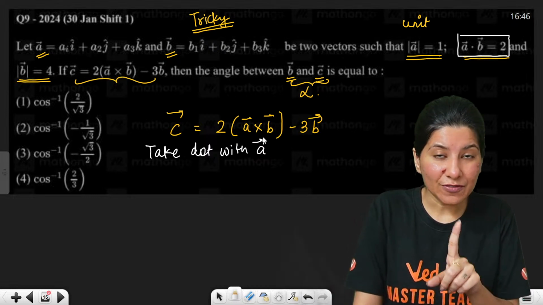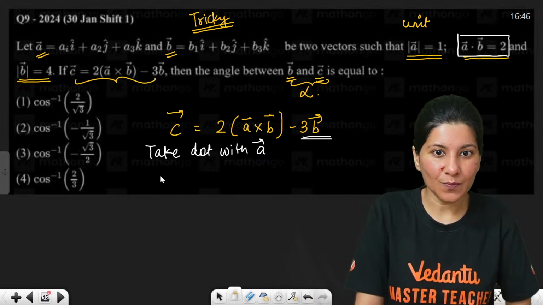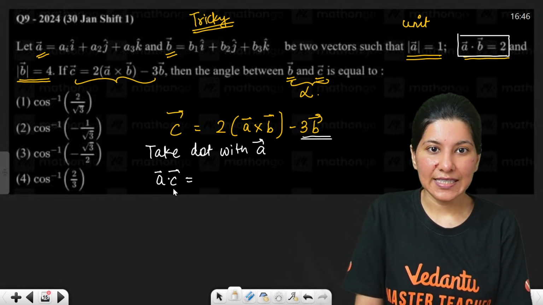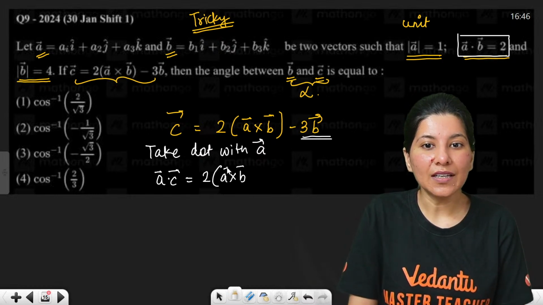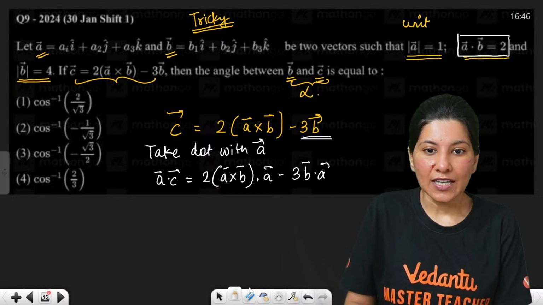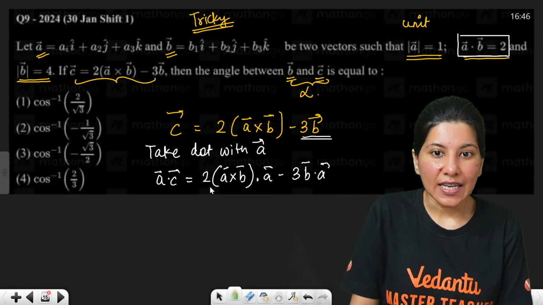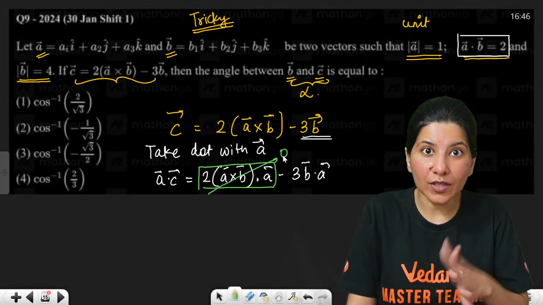Why? Because if you take dot product with A vector, this will have B dot A. So A dot C is equals to 2 A cross B dot A minus 3 B dot A, correct? Now see, A cross B dot A is 0, gone.